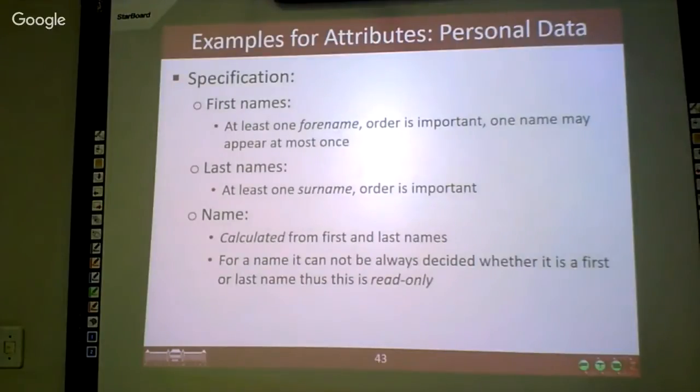Because for a name, it cannot always be decided whether it is a first or last name, this is read-only. This is especially true in Brazil, because I saw that you have very, very complex names. In Hungary, it's much easier. But here, everybody has 4 names, and I never know which name is for what purpose. So that is quite relevant here.